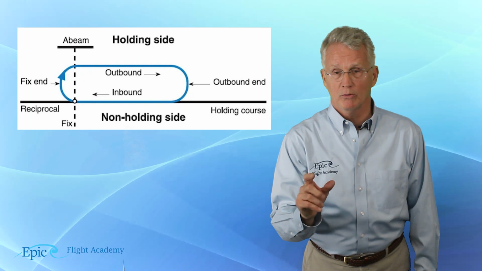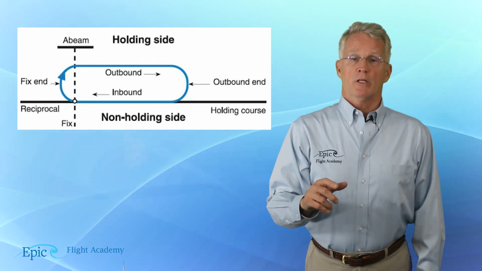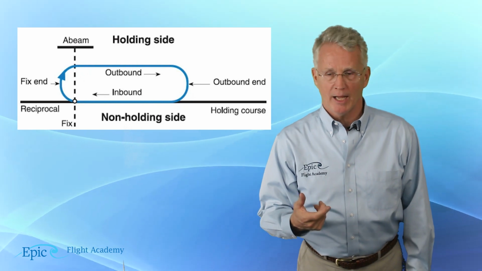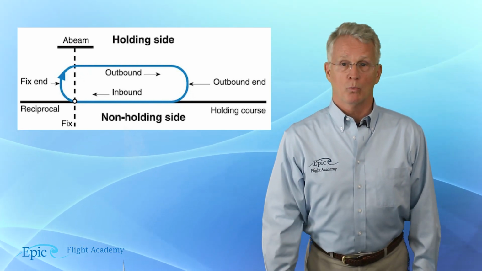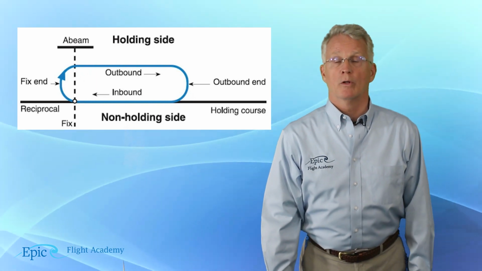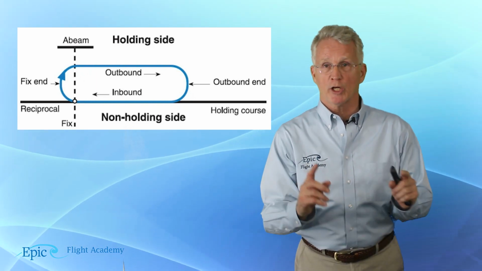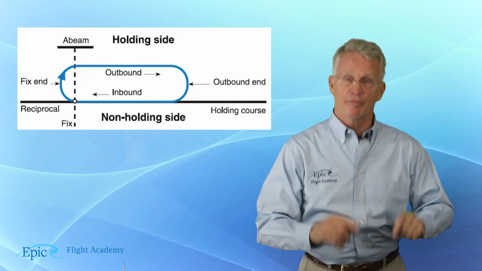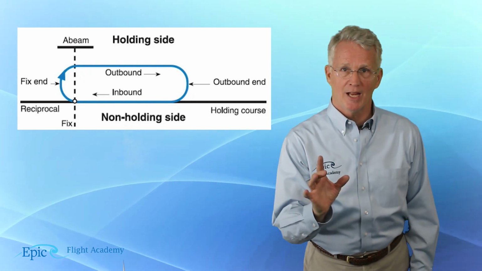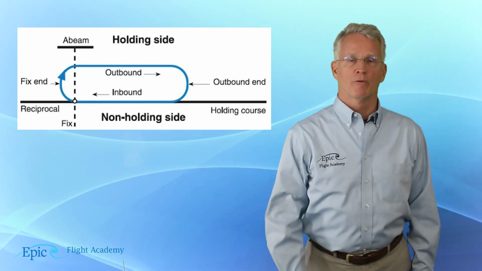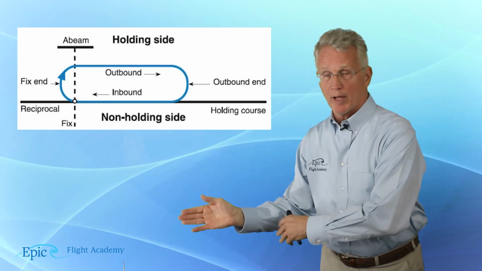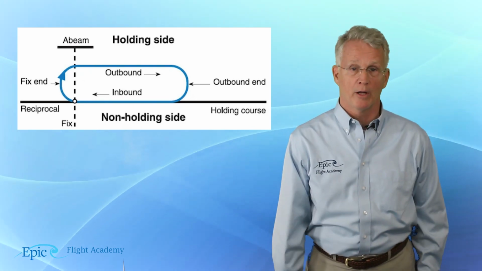Now, in lieu of that, if there is no leg length, the inbound leg of a holding pattern will be 1 minute. They will then give you the direction of turn if that holding pattern has non-standard turns. Again, from a previous video, you recall that standard holding pattern turns are to the right.